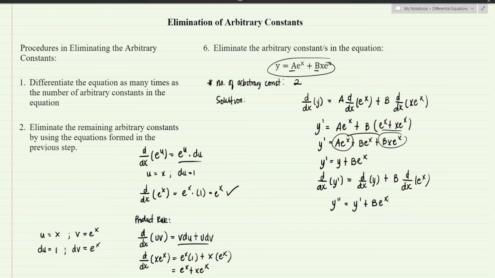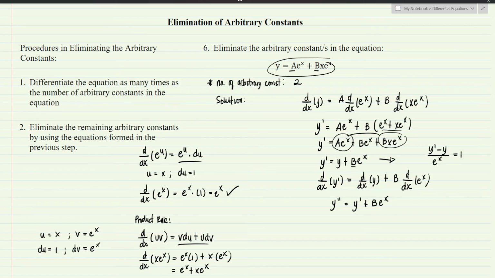So next is, notice in our second derivative, we still have the arbitrary constant b, and we would need to find an equation for us to replace the constant b. So to do that, we will use here the first derivative. So I will try to isolate b here from this equation. I would have here y prime, then I would transpose y, so I would have here minus y over e raised to x.